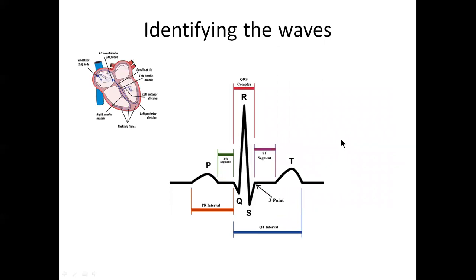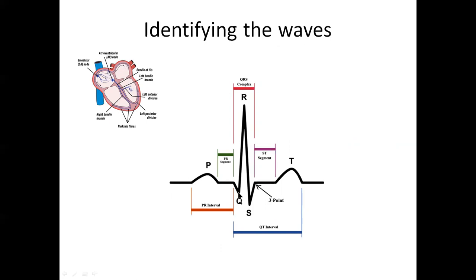Now, let's look at the waveforms themselves. They have names. The first little upward deflection is called a P wave. Then there is an isometric area, and then you get a downward deflection.